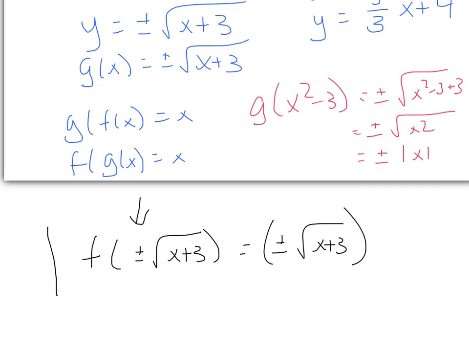That whole thing squared minus 3. Here the plus or minus isn't going to matter, and I'm just going to end up with x plus 3 minus 3 equals x. So it is an inverse in this direction. We'll talk about the g of x part up here later.